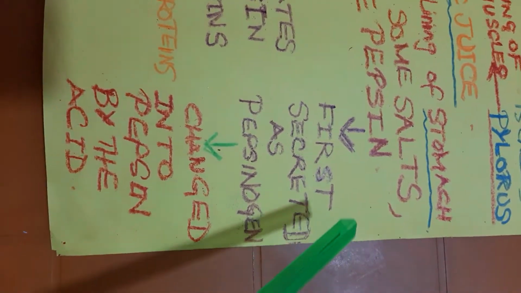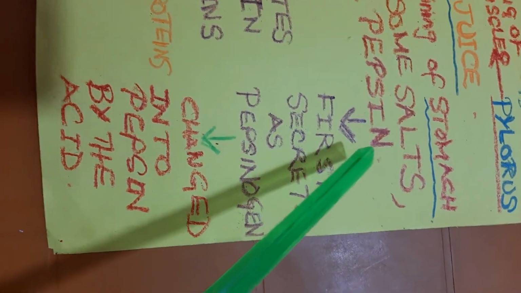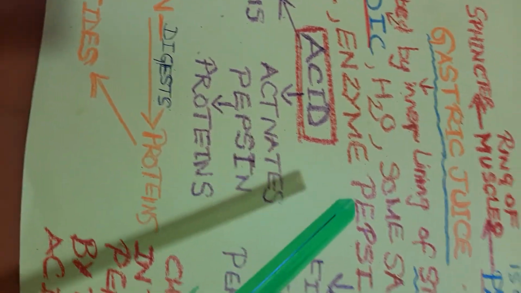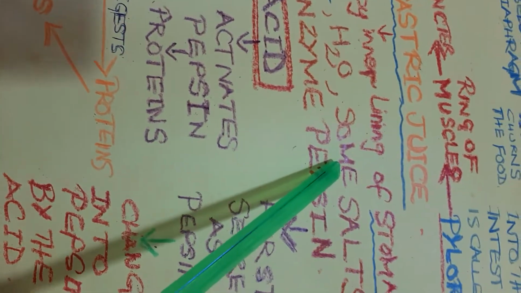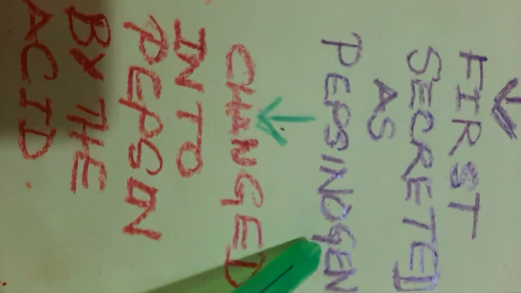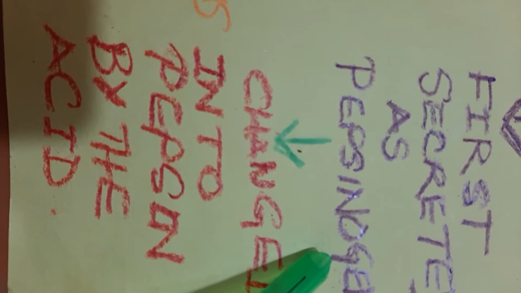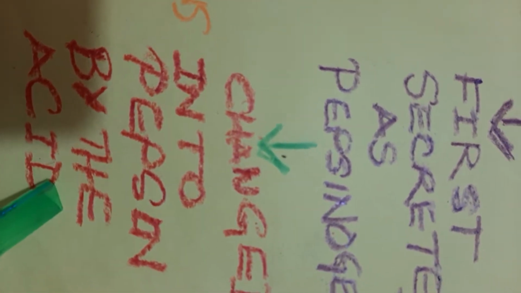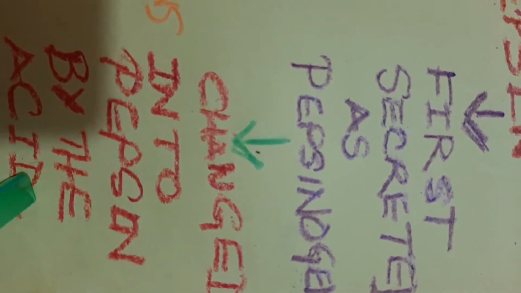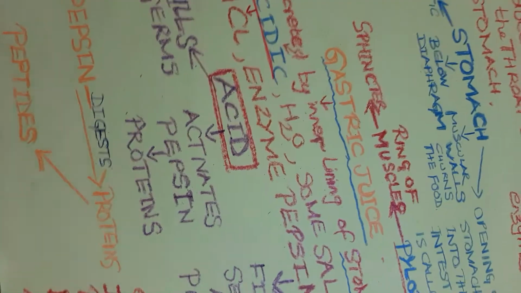Now, it is not pepsin that is first secreted in the stomach. First it is secreted as pepsinogen. This pepsinogen is changed into pepsin by the hydrochloric acid. Once it becomes pepsin, it is an active substance.